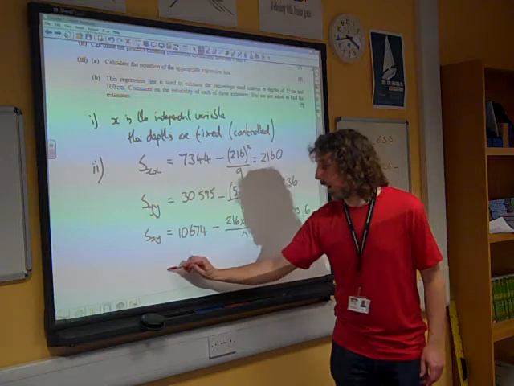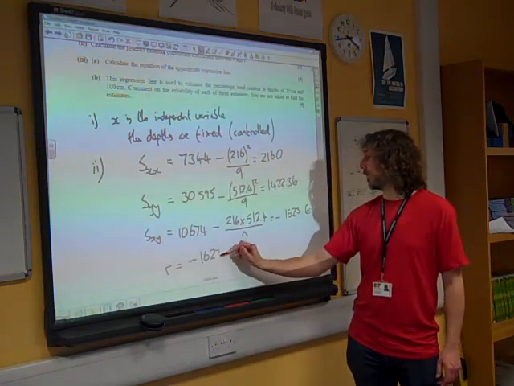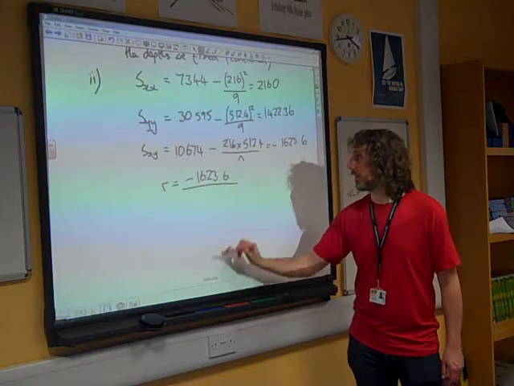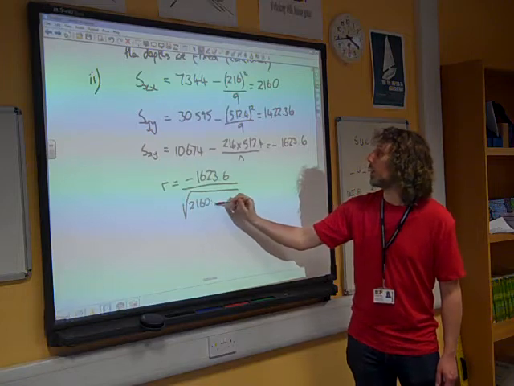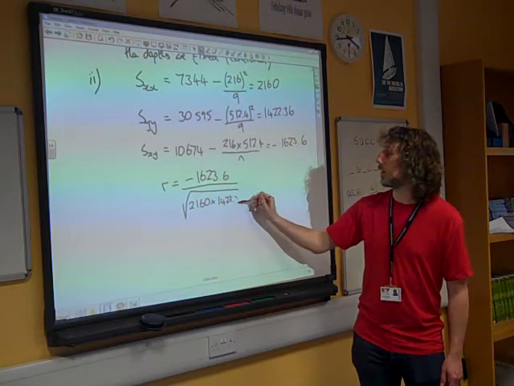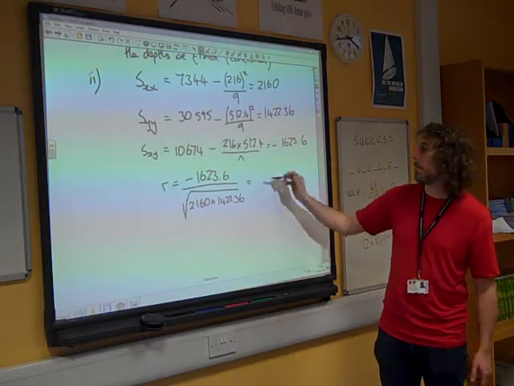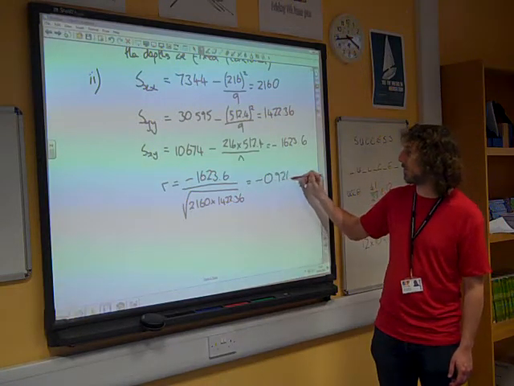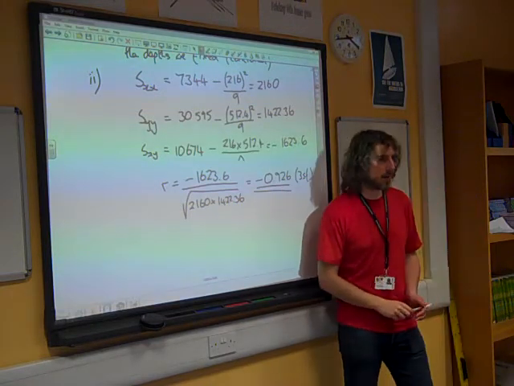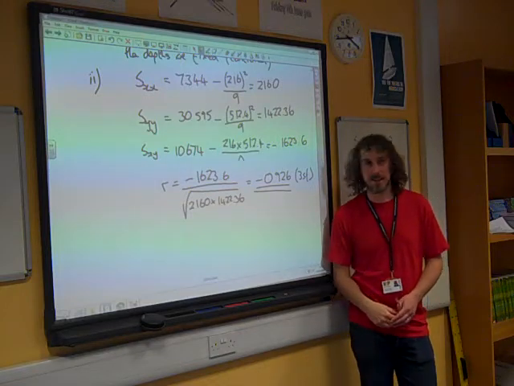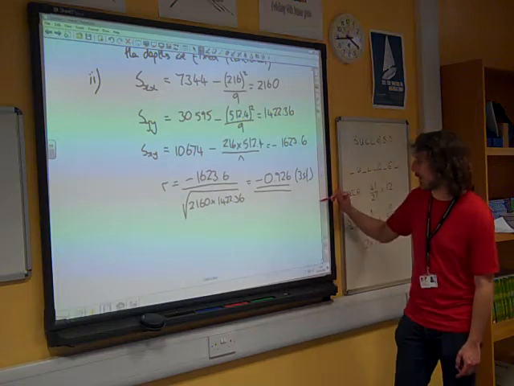Put the formula together. r is that one, minus 1623.6, divided by the square root of the product of the other two. And in this case that gives us r as being minus 0.926 to 3 significant figures. So that is a pretty resoundingly strong negative correlation that we've got out of this. That's quite nice to get.